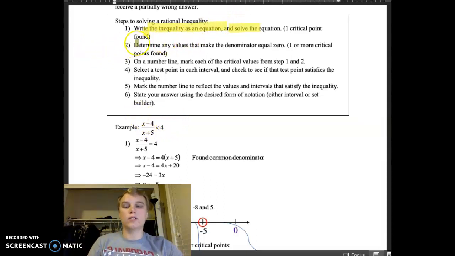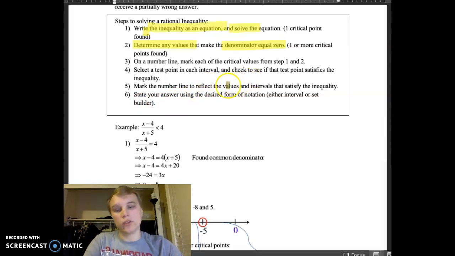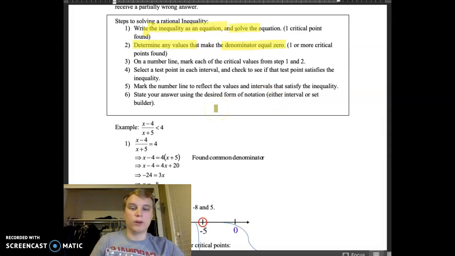The second one is to determine any values that make the denominator equal to 0. So just like under the radical, we could have it 0 or greater, couldn't have it less than 0. In this case, we can't have it equal to 0. So we need to find where the function in the denominator will be 0. And that's going to be our other critical point.